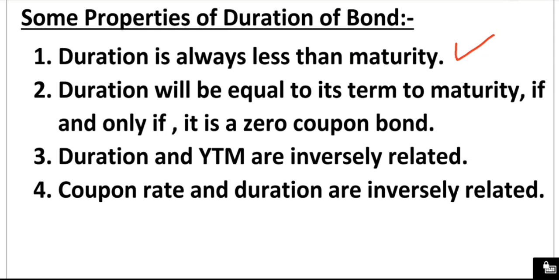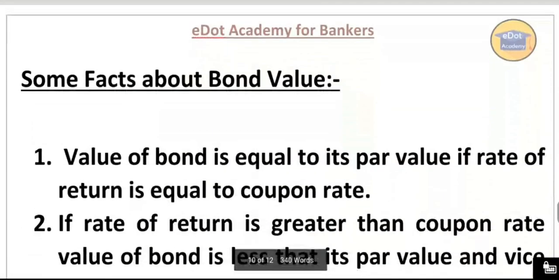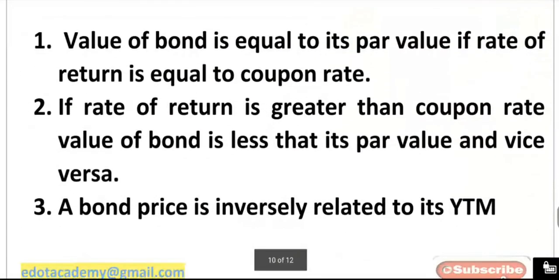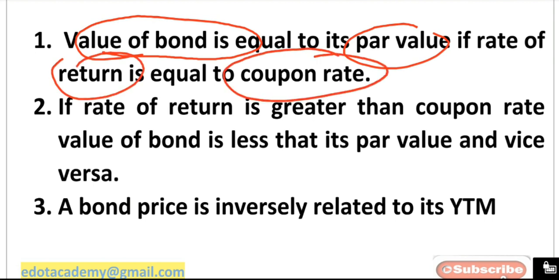Now we'll see some more facts about the value of the bond. The value of the bond is equal to its par value if the rate of return is equal to the coupon rate. In the previous examples, everywhere we have taken the coupon rate as different from the rate of return.